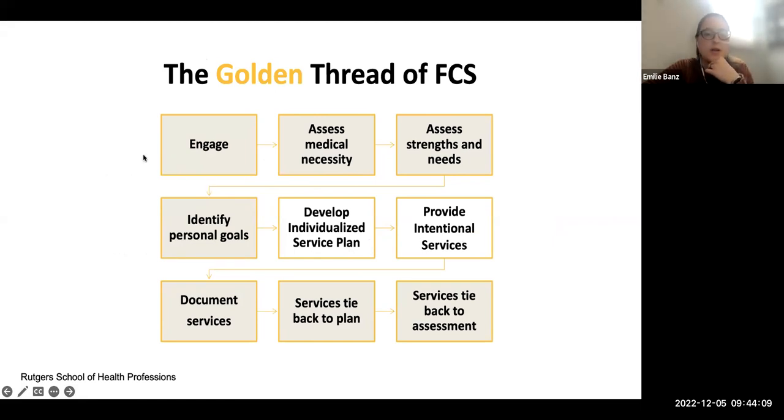And I say that we're in between because we're going to talk a little bit more next week about actually providing services and then documenting those services. So right now we're in that place where we are developing the ISP and we're determining and assessing which interventions are going to make the most sense when working with the person that you're working with.